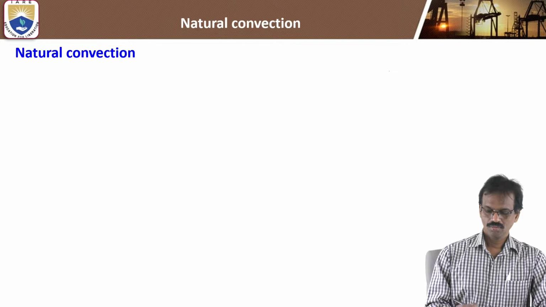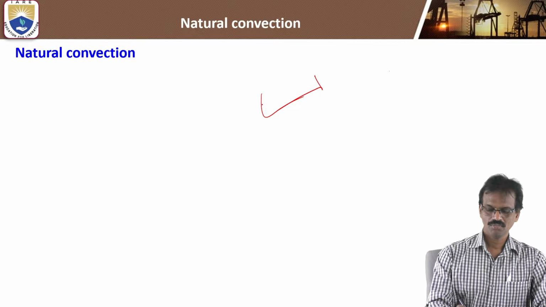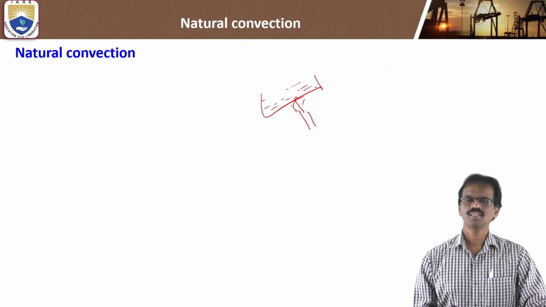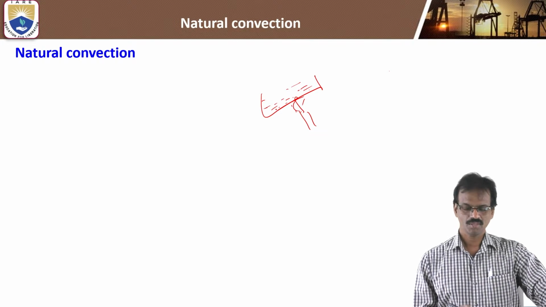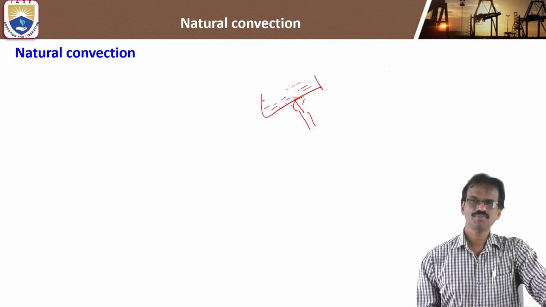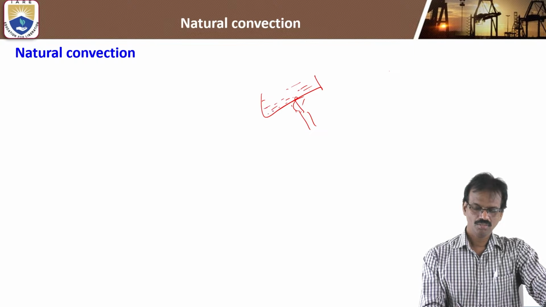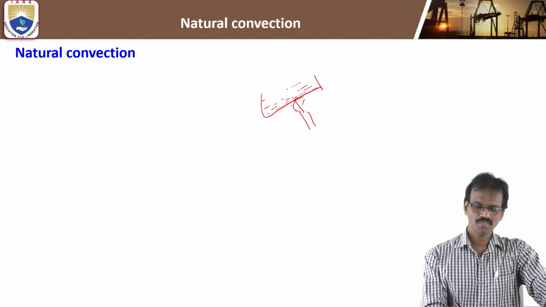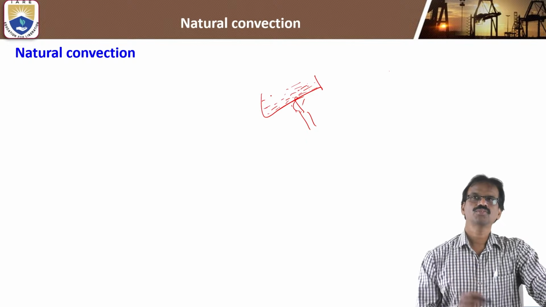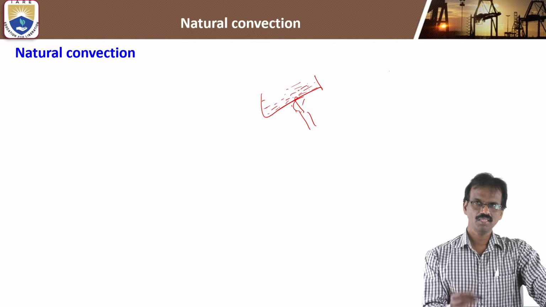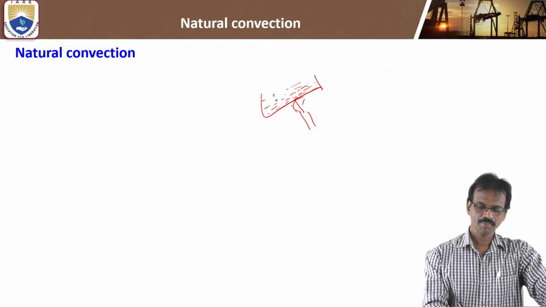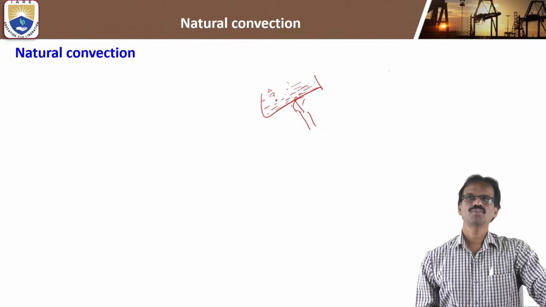If you take a container and heat the water, initially the bottom surface of the container will be heated. Heat transfers from the solid to the particles near it. The heated particles decrease in density, and the less dense particles move upward, while the heavier particles flow downward.